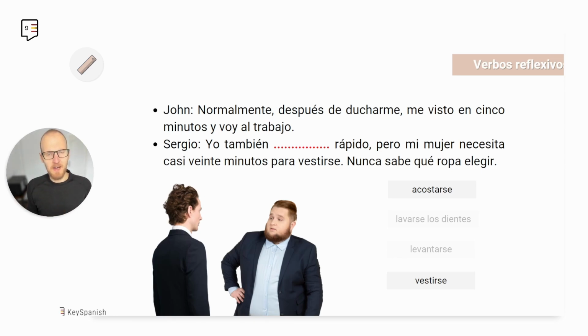Nunca sabe qué ropa elegir. What's the missing verb here? It would be, yo también me visto rápido. I also get dressed fast. But my wife needs almost 20 minutes to get dressed. She never knows what clothes to choose.